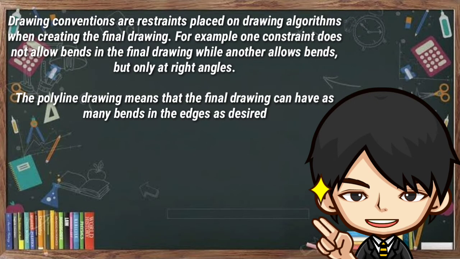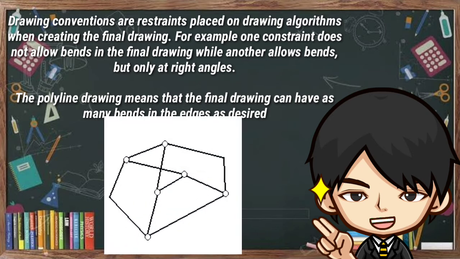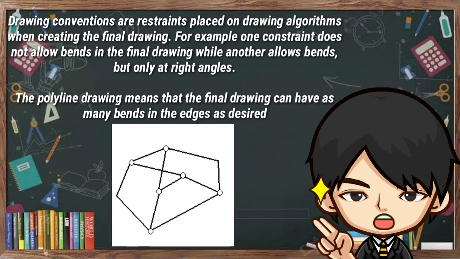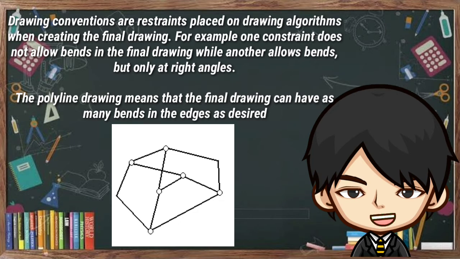Another component of graph drawing: drawing conventions. Drawing conventions are restraints placed on the drawing algorithm when creating the final drawing. For example, one constraint does not allow bends in the final drawing, while another allows bends, but only at right angles. A polyline drawing means that the final drawing can have as many bends in the edges as desired.